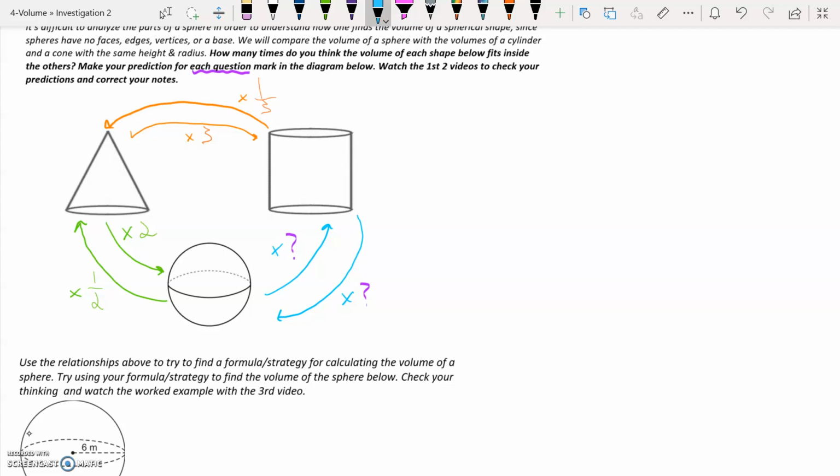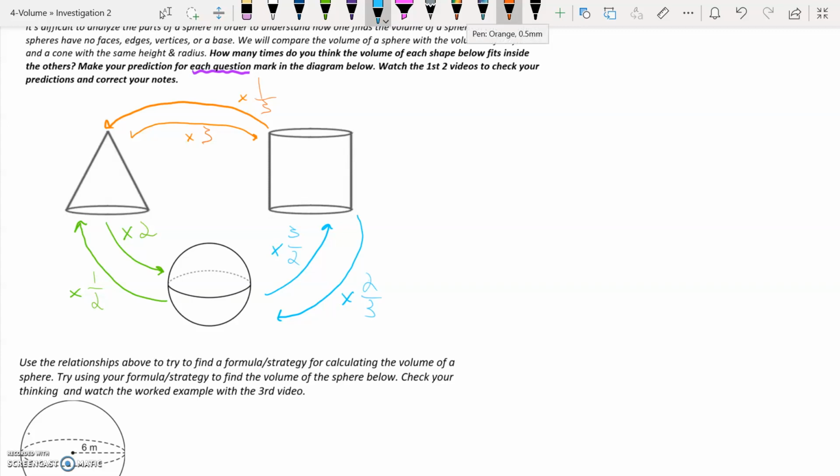So if you were to take the volume of a cylinder and multiply it by 2/3, you would have the volume of a sphere with the same diameter and height. Do it the other way, if you took the sphere and filled up the cylinder, you would need 1.5 or 3/2 of a sphere to fill up the cylinder with the same diameter and the same height.